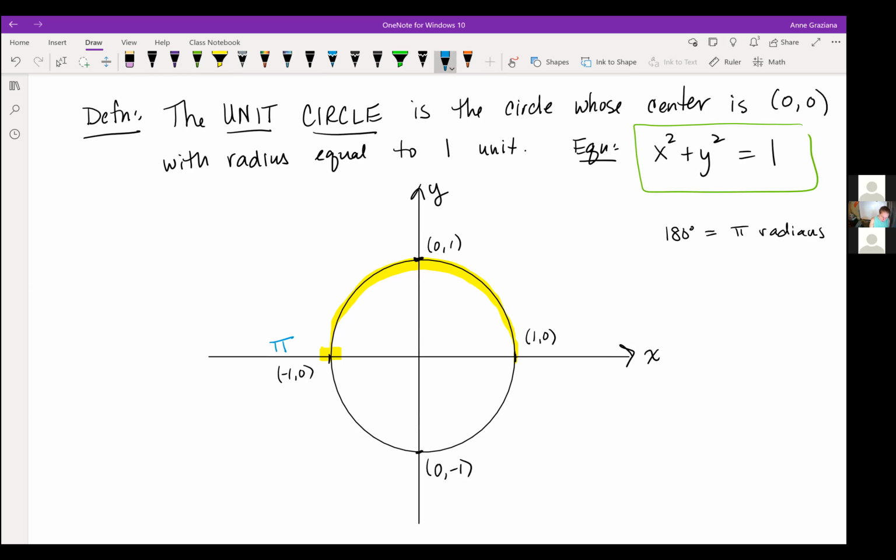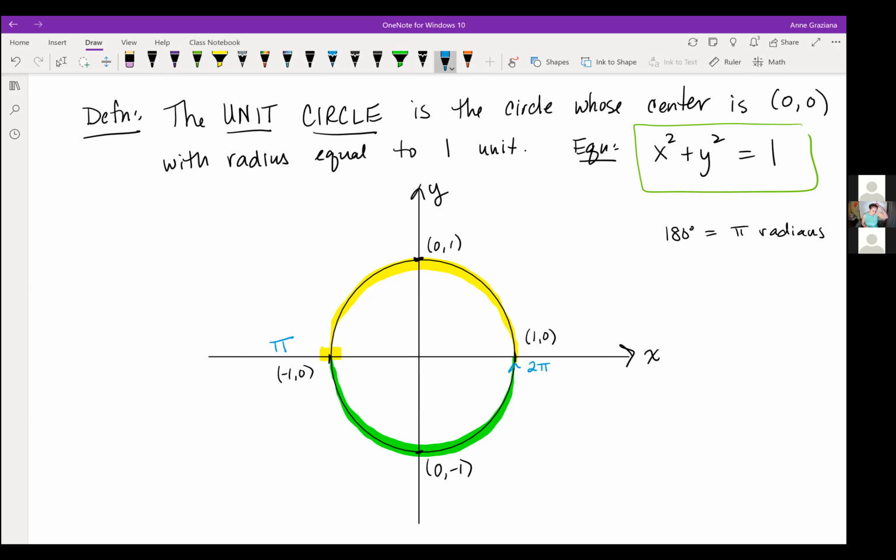Now, if I kept going around my circle, this is a whole other pi radians. When you navigate the unit circle, you're going around the edge. We're going to talk about going around the edge, and then we're going to look at the angles later on. So I'm walking around this circle. The first half is pi, and then if I go the same distance twice, by the time I get here, this is 2 pi.